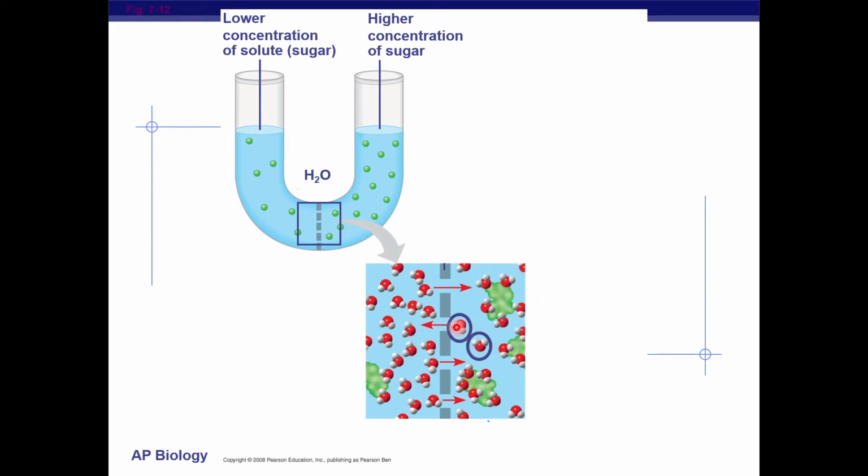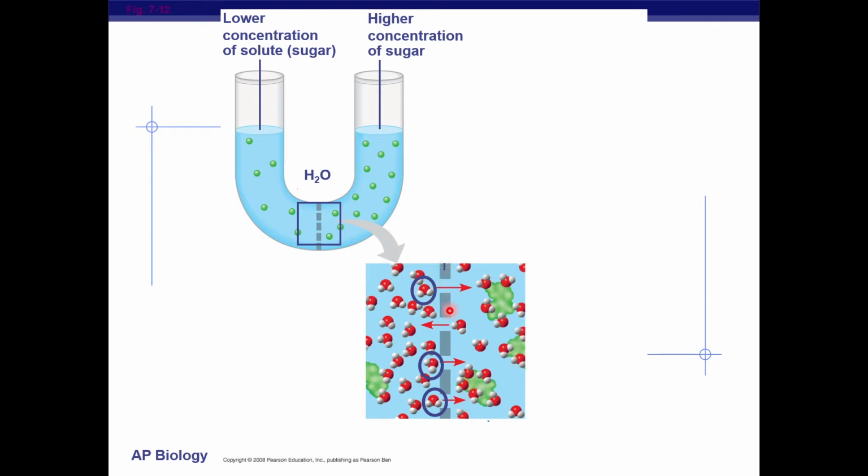There are, however, some free water molecules on this side, and these are going to move back and forth across. There are a lot more free water molecules on the left side, however. As they move back and forth, chances are, because there's more solute on the right side, they're going to end up staying over here because they're going to pay attention to these little sugar molecules.